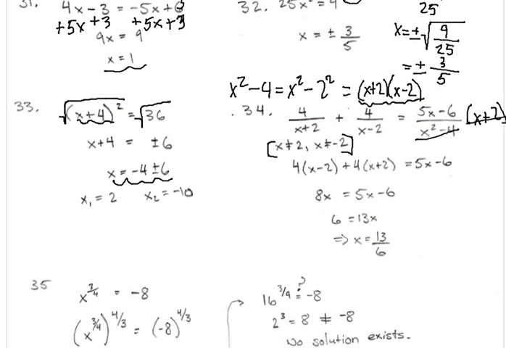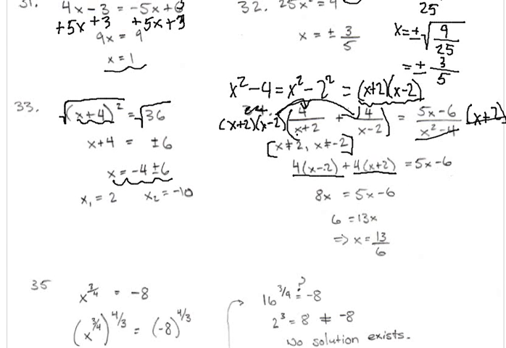I have to do the same thing on the other side, so pretend this 34 isn't here, and I would have x plus 2 times x minus 2, and I would multiply that to both expressions in this term. My x plus 2 would cancel out with this, leaving 4 times x minus 2. And the x minus 2 would cancel out in the second term, leaving 4 times x plus 2 equal to 5x minus 6.